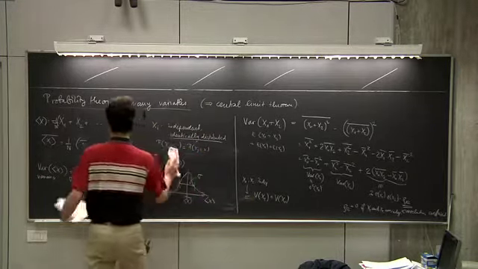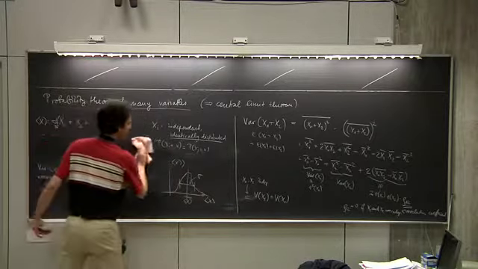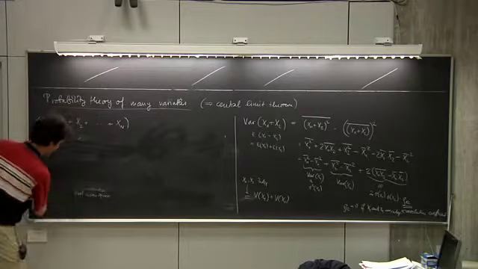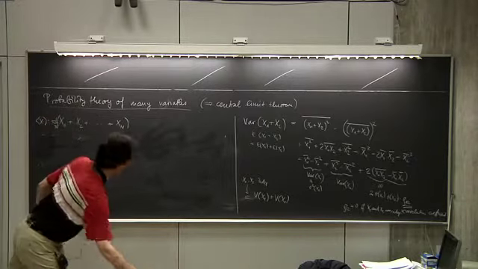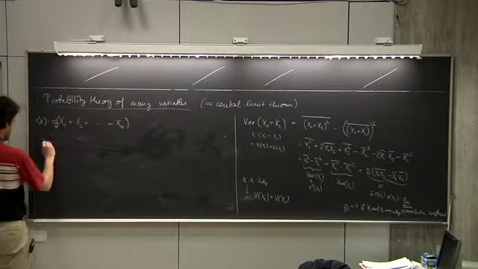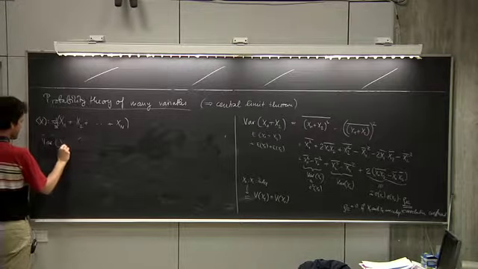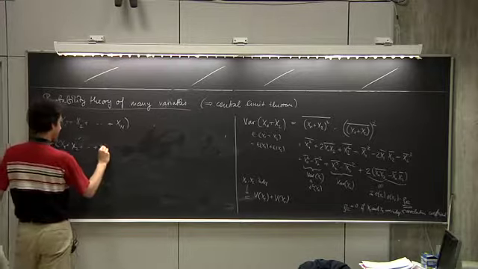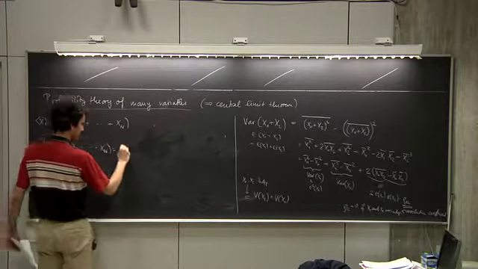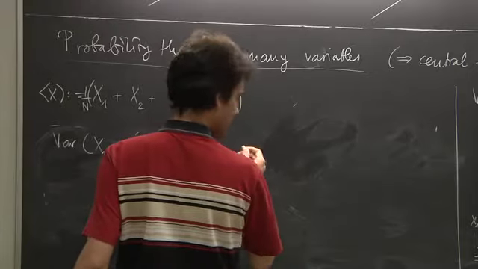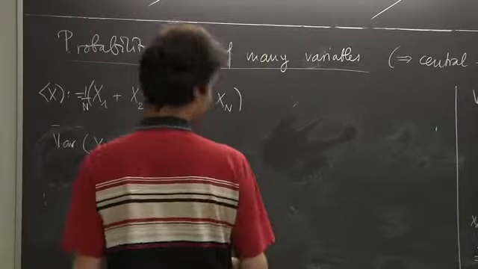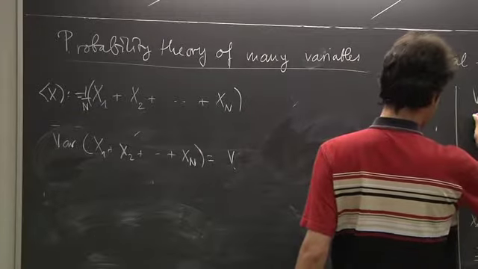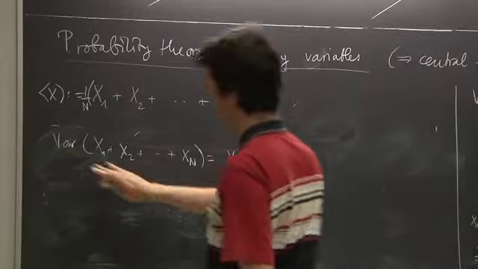You can easily show that the variance of a sum of n terms will be the sum of the n variances. So the variance of x1 plus x2 plus etc. will just be equal to the sum of the variances. Sometimes I write var, sometimes V. Let's just write V now, it's easier.